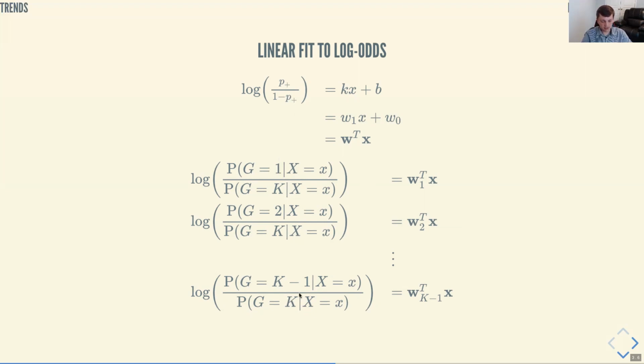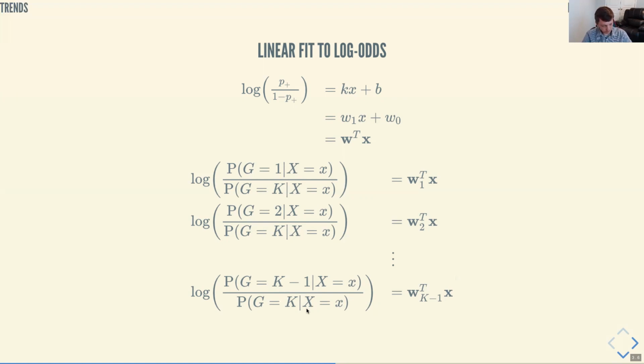In a multi-class situation, we arbitrarily pick a class k. It's absolutely arbitrary. It doesn't have to be anything. And then we look at the log ratio of all of the classes with respect to the class k, and model this as a linear combination, a linear weighted sum of the input. For class k, we just assume that our log odds is 0.